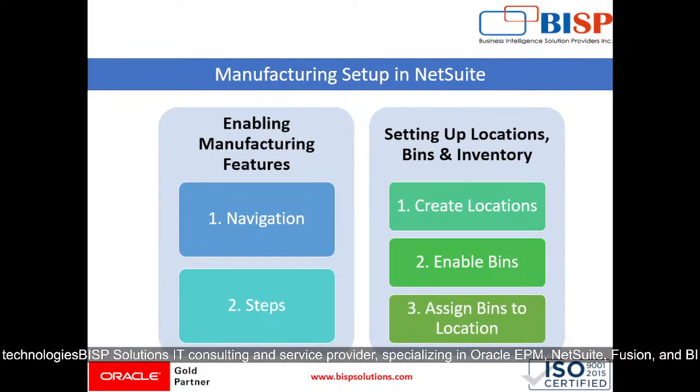Then comes assigning bins to a location, where under List we get Locations, and under Locations we can edit the location. Then we have to enable the Use Bins option for that location particularly, and then add the bins and assign items for the same.